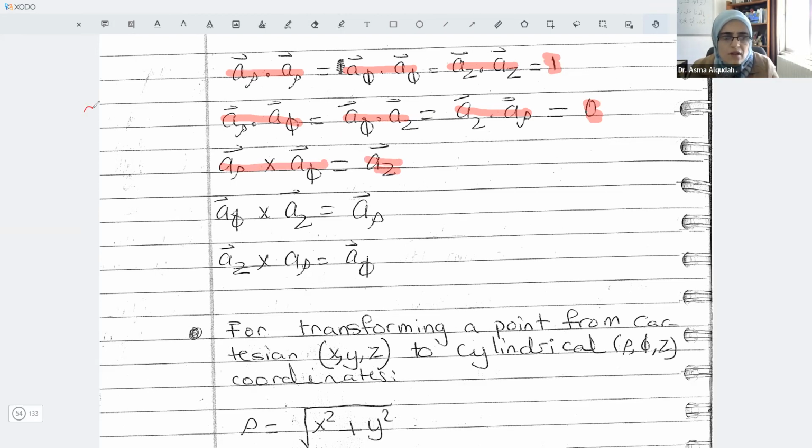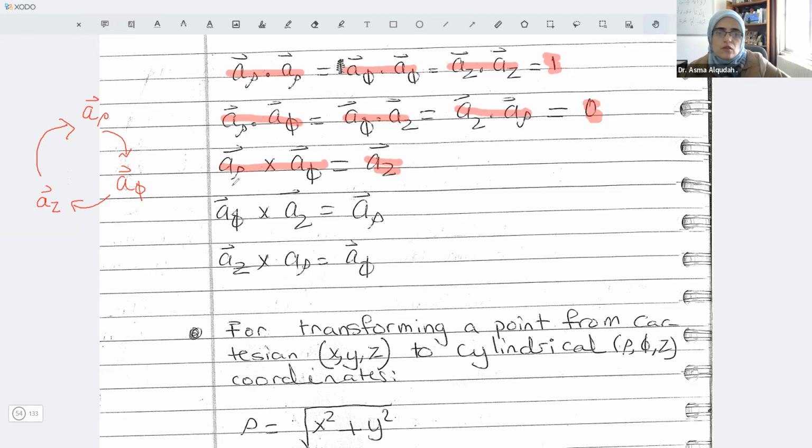So you have a sub rho, a sub phi, and a sub z, and we move clockwise in the cross product to get a positive result.